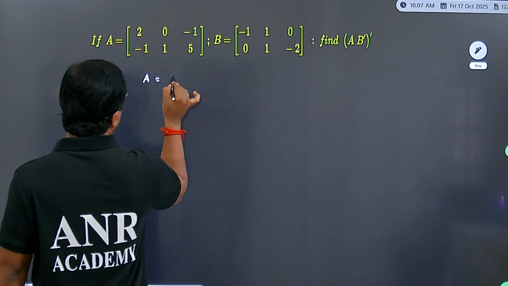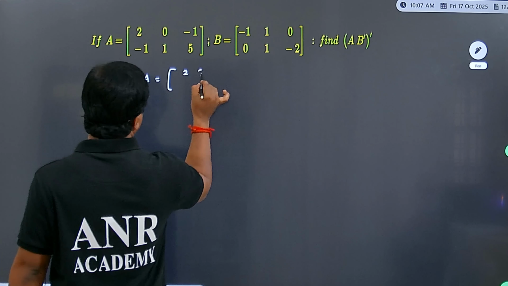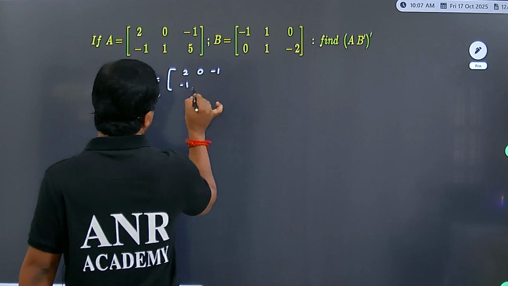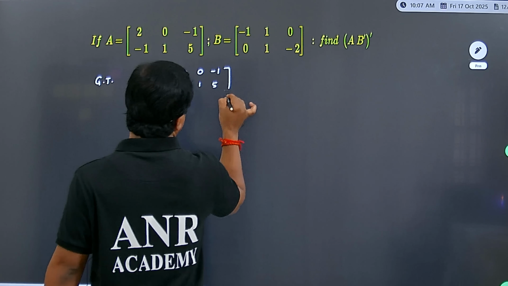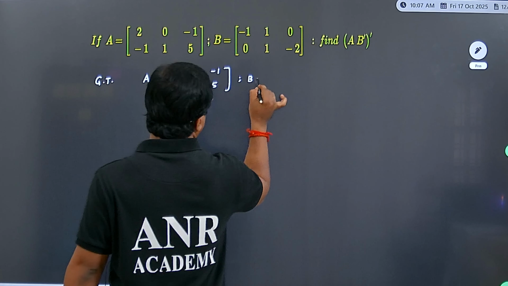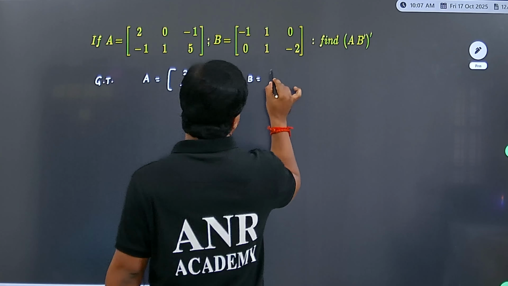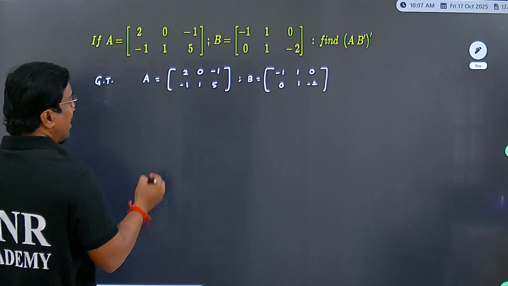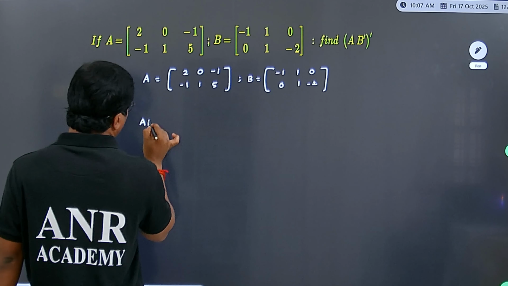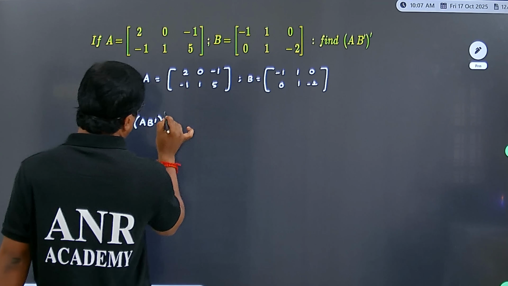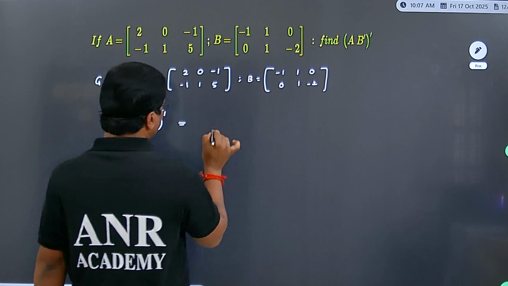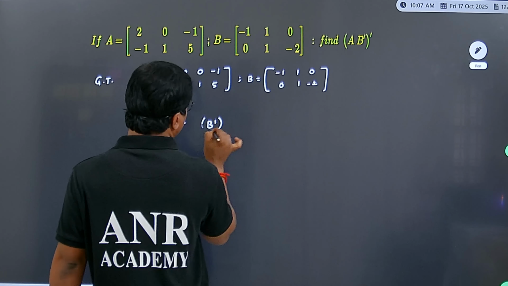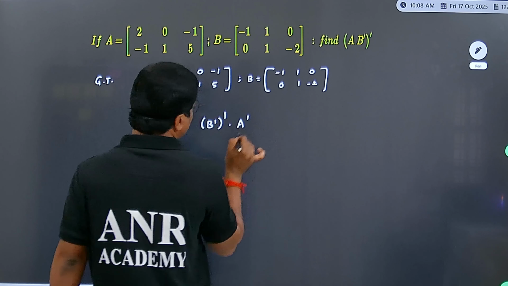A is given as entries 2, 0, minus 1, minus 1, 1, 5. Next, capital B, minus 1, 1, 0, 0, 1, minus 2. Now the aim is to find A into B transpose whole transpose. That can be written as first B transpose transpose, next A transpose.